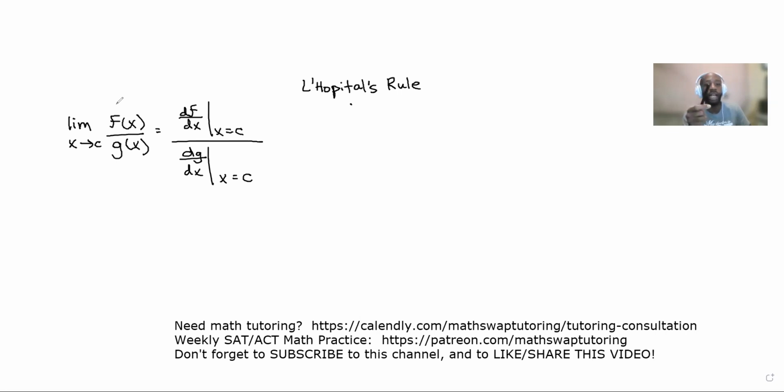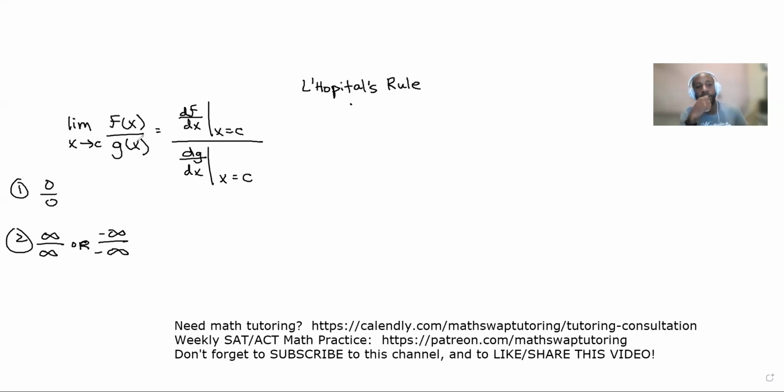when you are trying to find the limit of the ratio of two functions, f of x to g of x, and either each function approaches zero as x approaches c, or, scenario number two, the limit of each function approaches infinity, or, let me put a proper sign there, negative infinity.